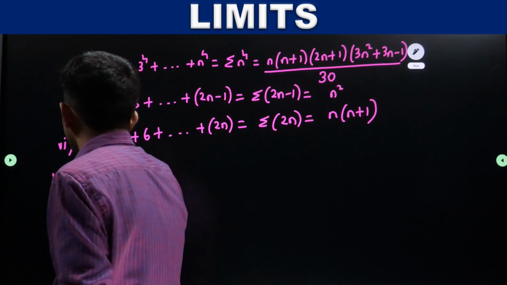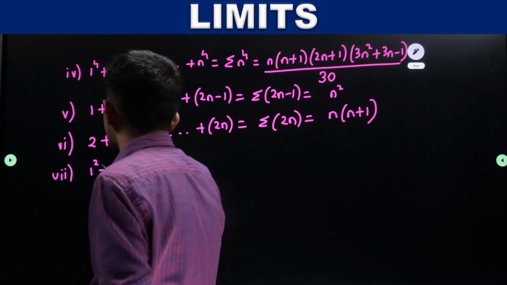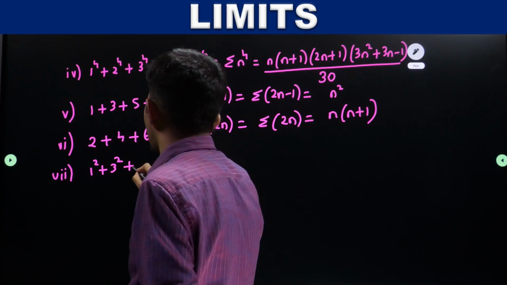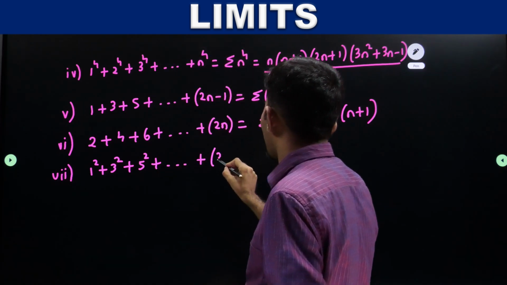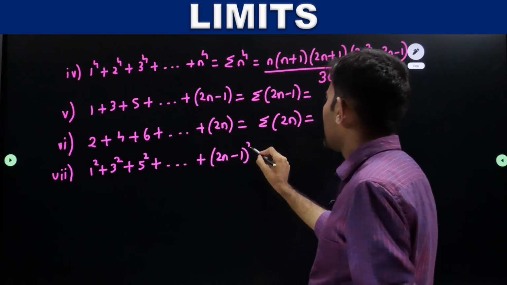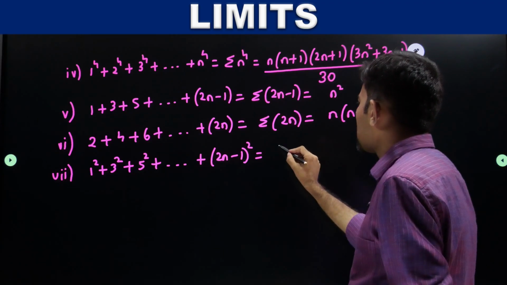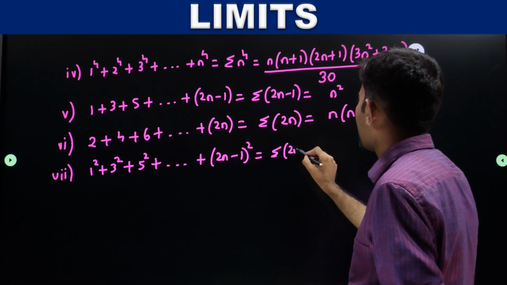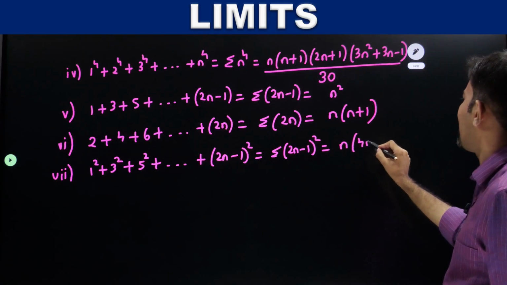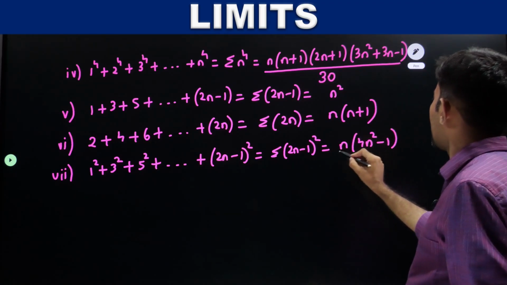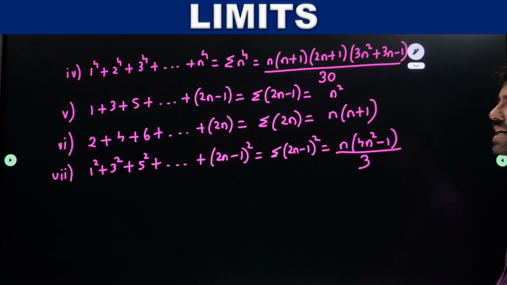Also I can write the sum of the squares of the first n odd natural numbers, 1 square plus 3 square plus 5 square etc. up to 2n minus 1 the whole square, which is given by summation of 2n minus 1 the whole square is equal to n into 4n square minus 1 divided by 3.